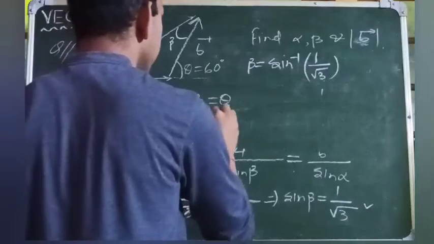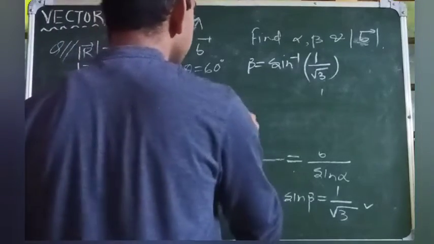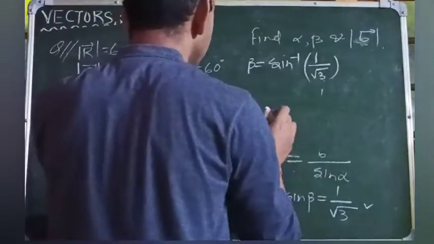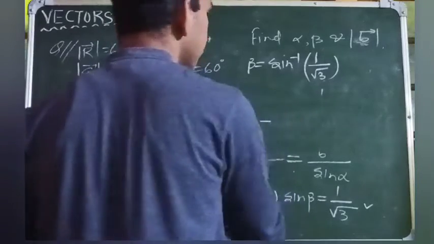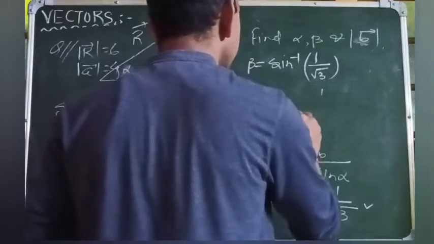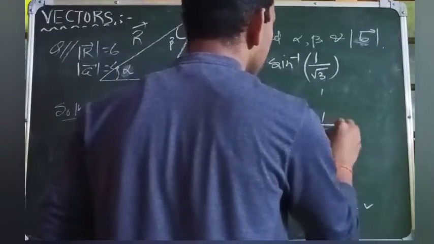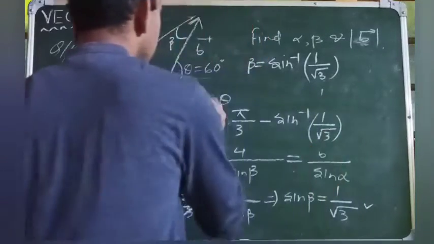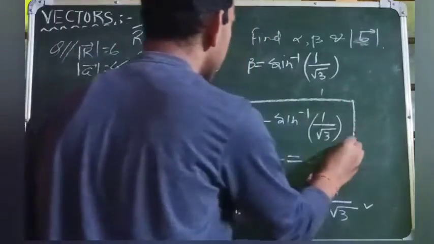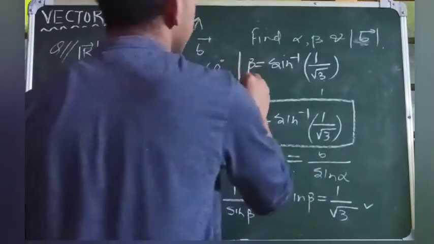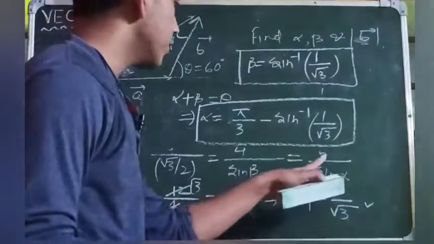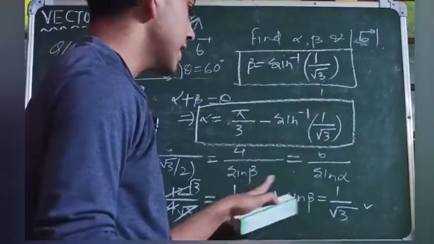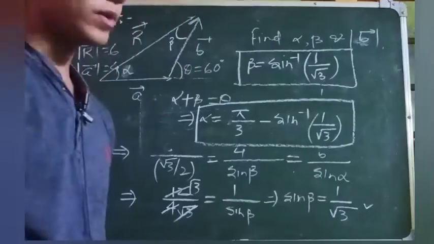So, therefore, alpha is equal to theta, which is 60 degrees, we can write it as pi upon 3, minus beta, which is basically sine inverse 1 upon root 3. So we have also got the value of alpha and also beta. Now it will be easier to find the value of b from this expression. I hope all of you can do that.